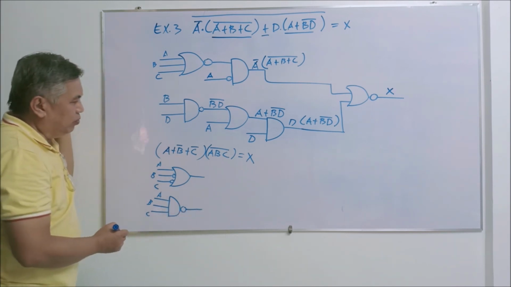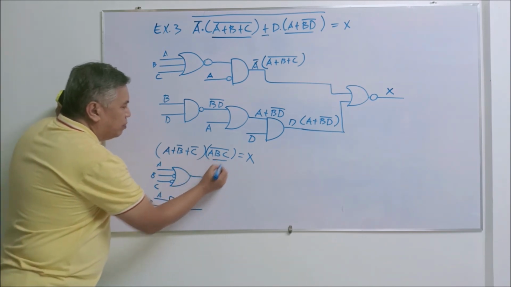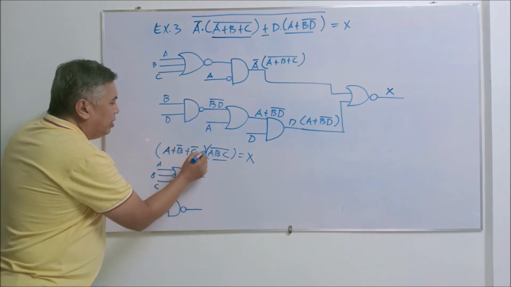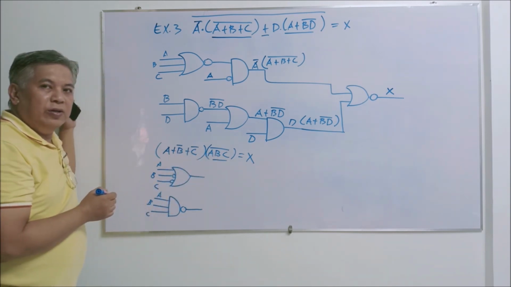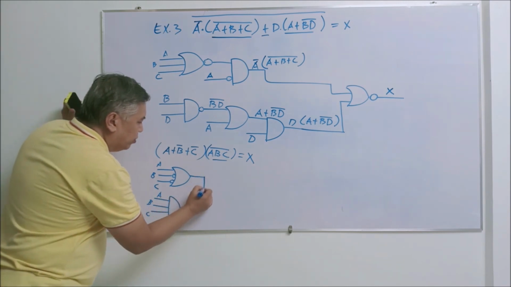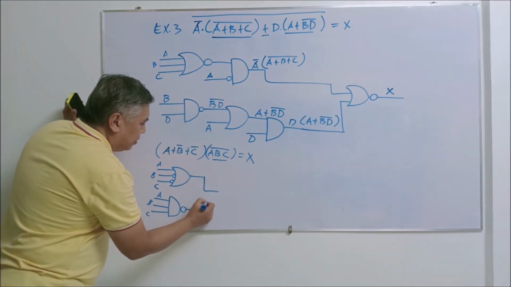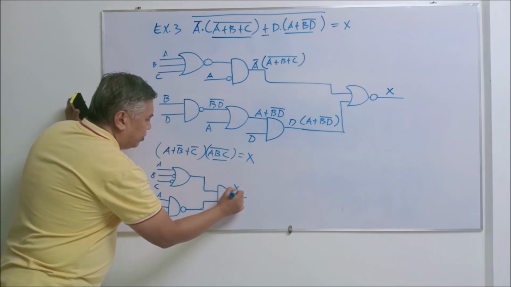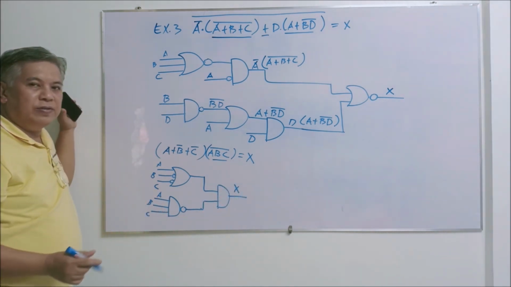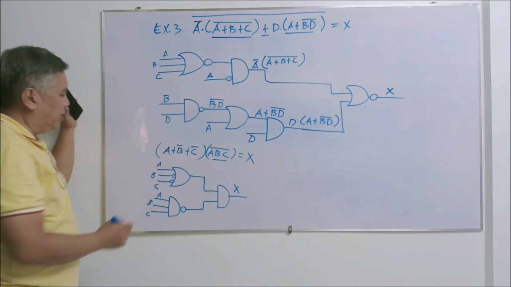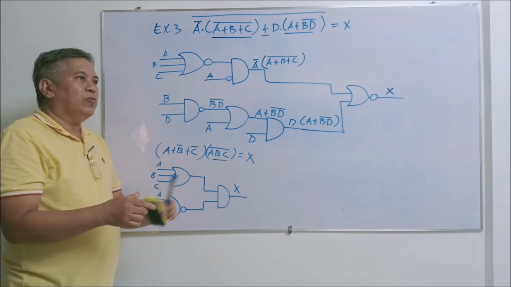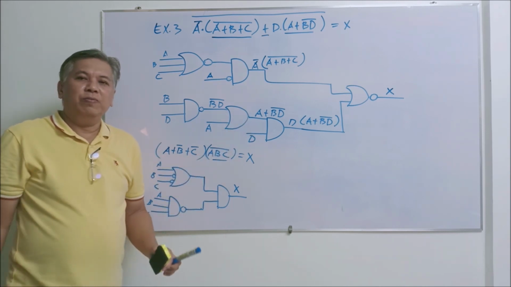Okay? And that will be your representation for this particular equation. And both of these are being multiplied together, or being ANDed together. So you use an AND gate. That becomes your X. So the truth table for this one can be obtained again in the same manner as what we have discussed in our previous example.